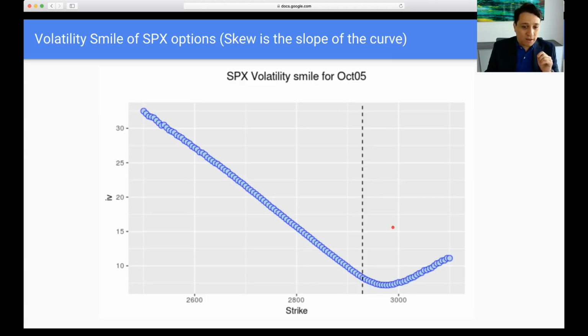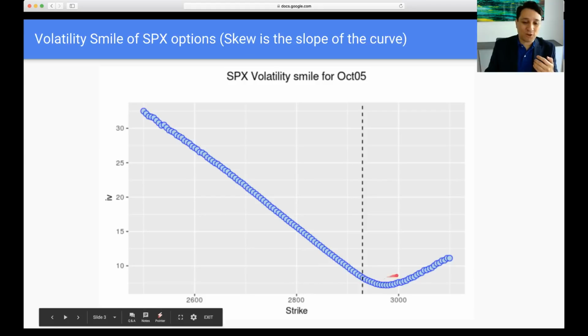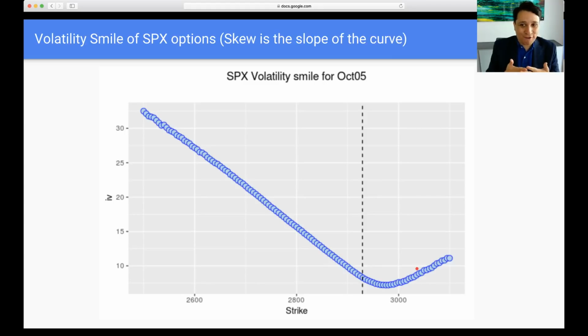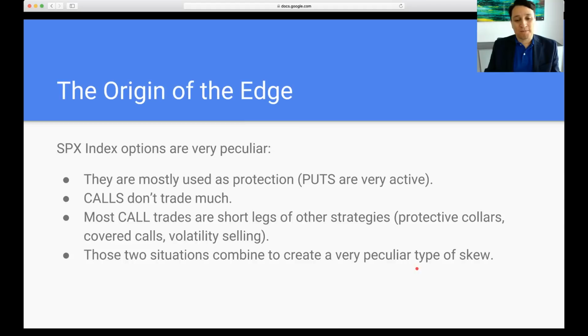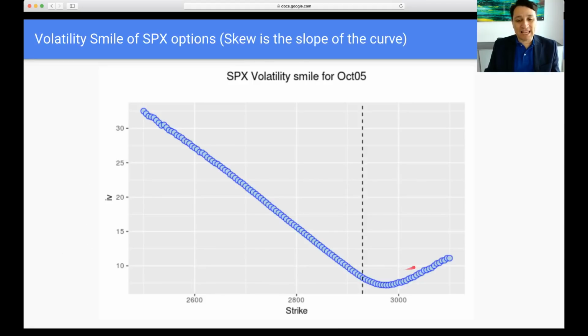You notice this skew. The nearer the term, as you get closer to expiration, positive skew becomes more prevalent. And as we go further in time, I guess I should have added a slide for that, the positive skew is less and less.